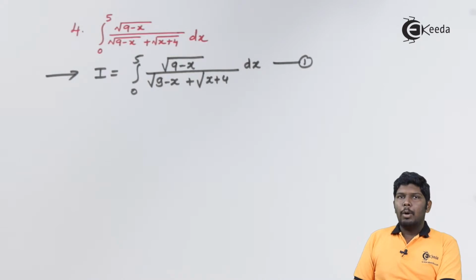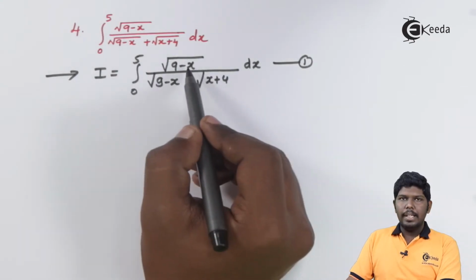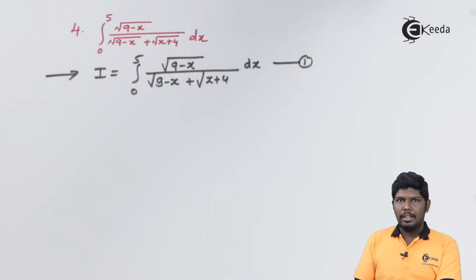Now, if we use the property number 2, which says integral 0 to a f of x dx is equal to integral 0 to a f of a minus x dx, this will give you, since the upper limit is 5, we are going to replace x by 5 minus x.